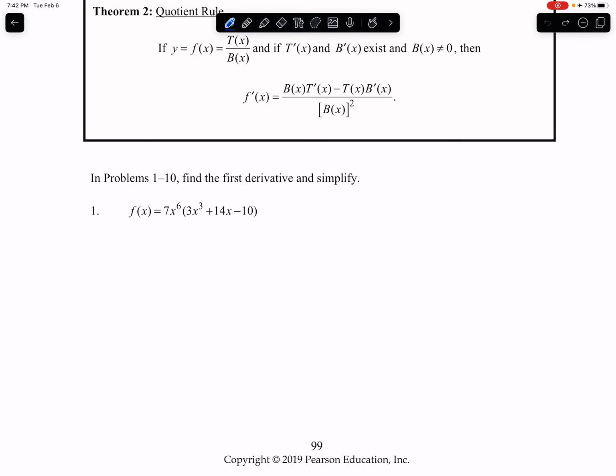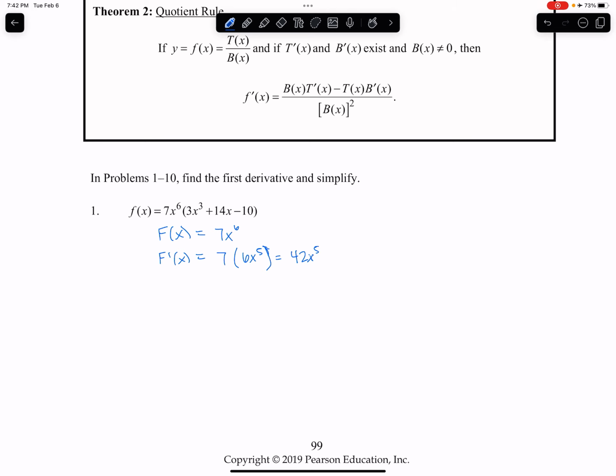Find the first derivative and simplify. So here we can see they are a product. Our first function, we'll label f of x, is 7x to the 6th. And just so that way we know, our derivative is going to be 7 times 6x to the 5th, and that is 6 times 7 is 42x to the 5th.